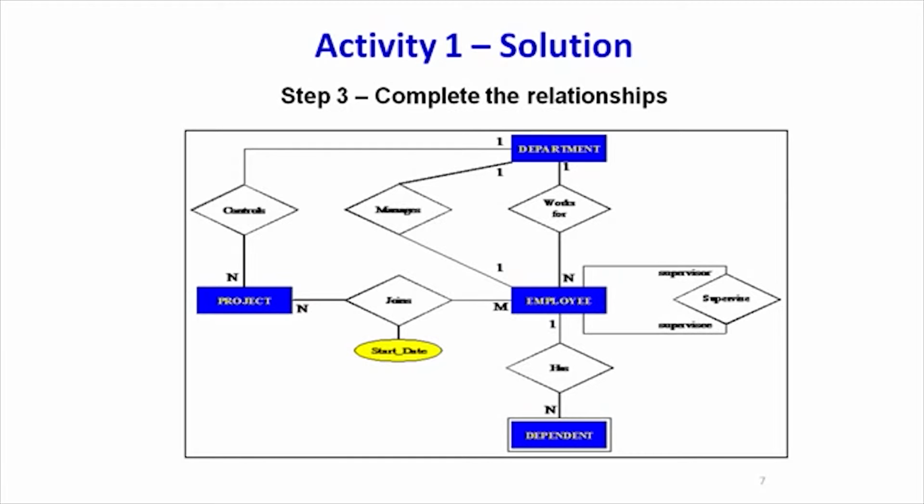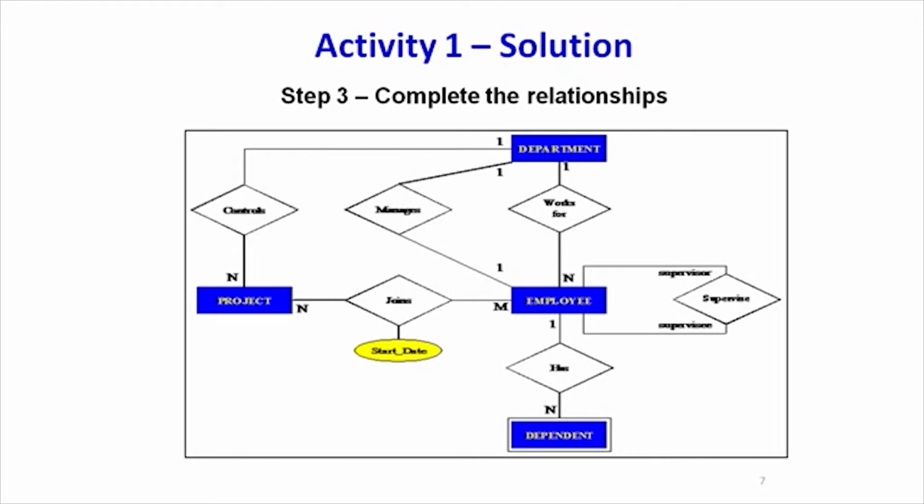Now, step 3. This is a complete ER diagram. As we can see, one department controls one or more projects. The relationships are in a diamond, and every relationship uses a verb, an action verb.